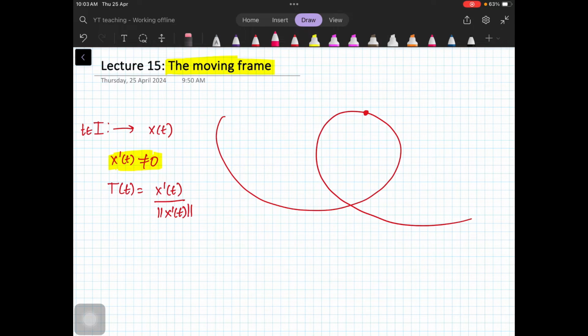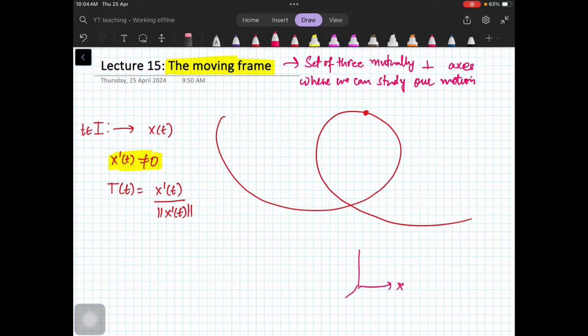What is a moving frame? A frame is basically a set of three mutually perpendicular axes where we can study our motion. Most of the time, when you were using Cartesian geometry or three-dimensional geometry, you had a fixed x-axis, y-axis and z-axis.